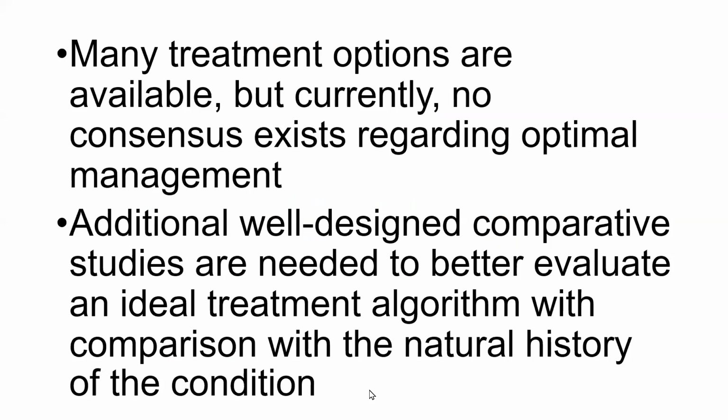Many treatment options are available, but currently no consensus exists regarding optimal management. Additional well-designed comparative studies are needed to better evaluate an ideal treatment algorithm, with comparison with the natural history of the condition.